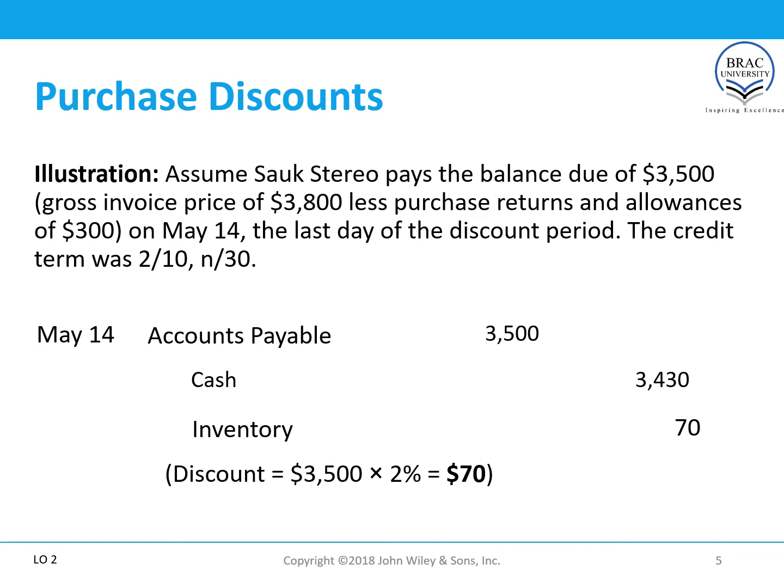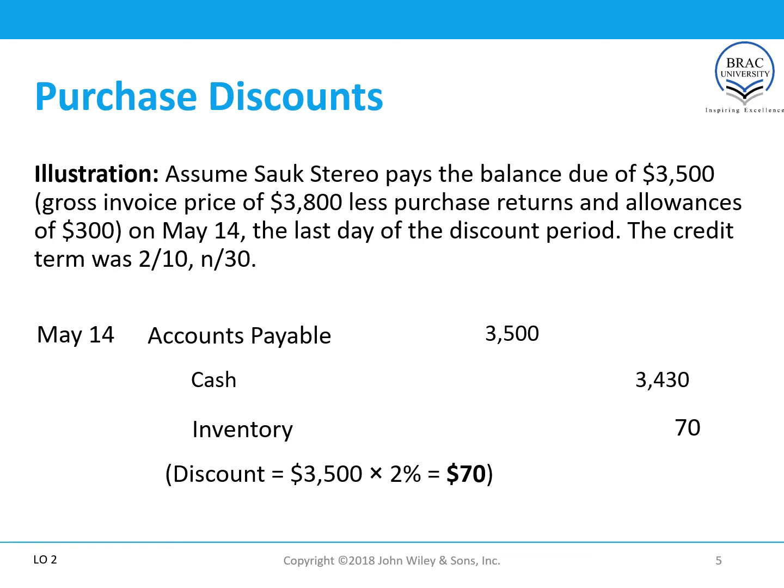So we have to remember that whatever Sock Stereo gets as a purchase discount must reduce the inventory cost of Sock Stereo. The second thing is, we have to first calculate the discount, and since the credit term was 2/10 net 30, Sock Stereo is now eligible to get a 2% discount.